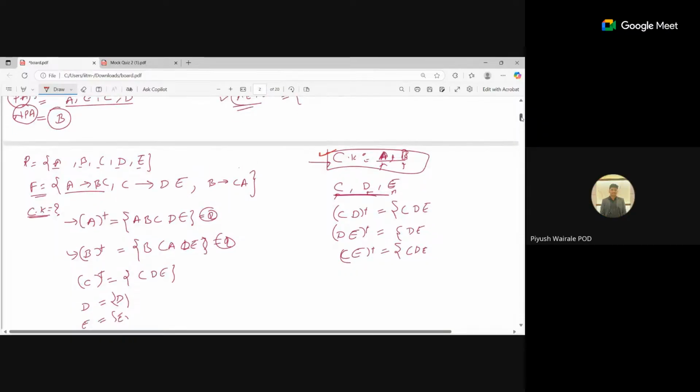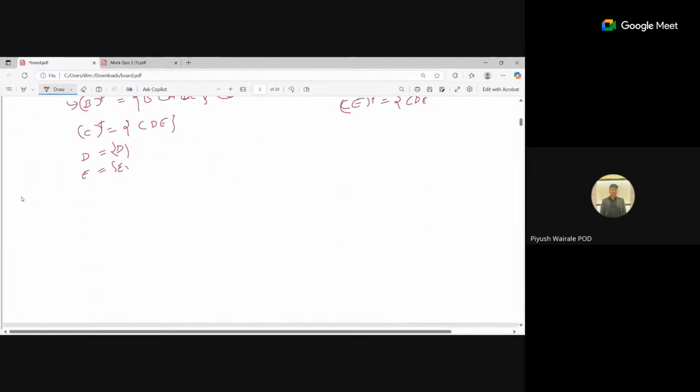Then we have how to find the number of super keys. A very important concept from the quiz 2 point of view, even any exam point of view, right? So how to find the number of super keys here? Let's say we have a relation R with attributes A, B, C, D, E, five attributes.